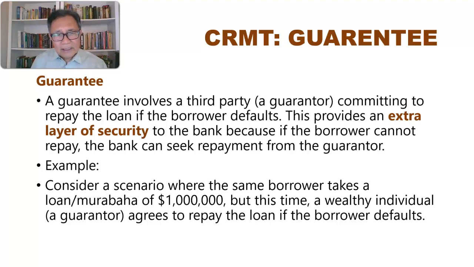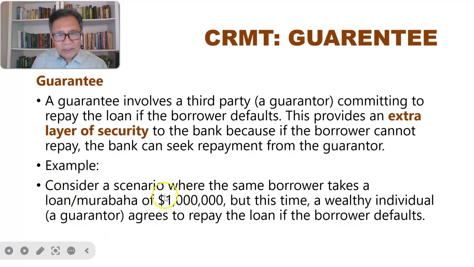Usually this type of loan will be a personal loan or any kind of facility that provides liquidity to the customer. So it can be an overdraft, it can be a personal loan, whereby a third-party guarantor will come in to secure the repayment of the loan.